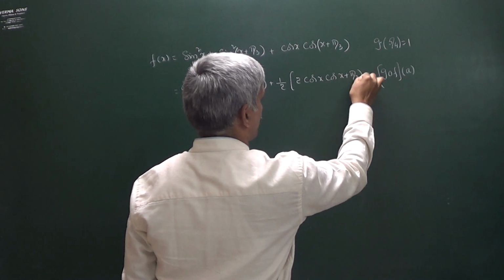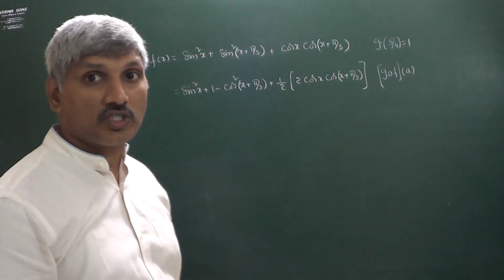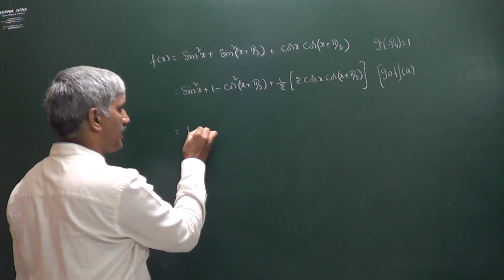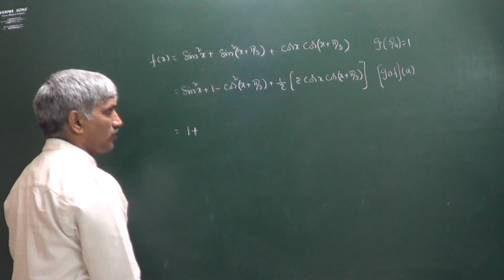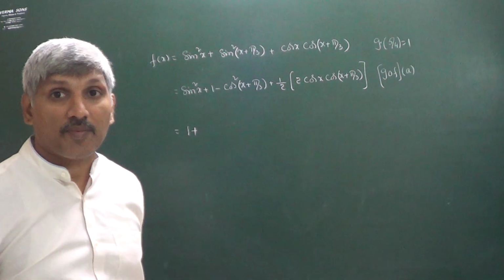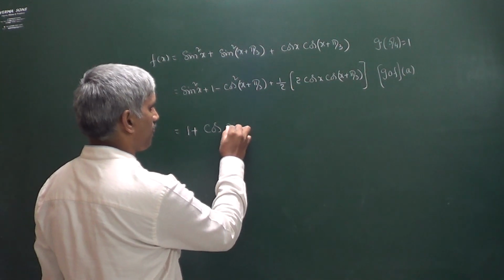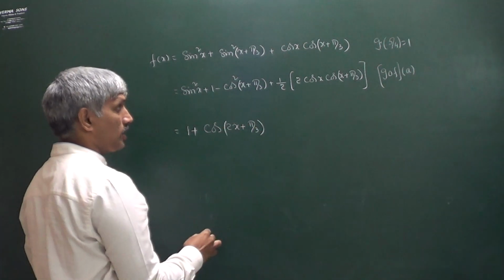I hope everyone knows the formula for sin²a - cos²b. We can write it as 1 plus sin²a - cos²b, which means cos(a + b) into cos(a - b).